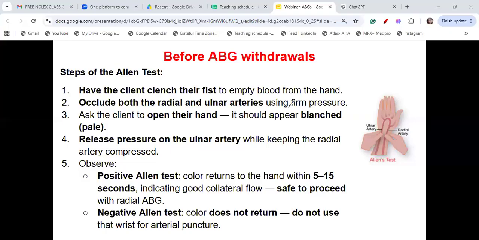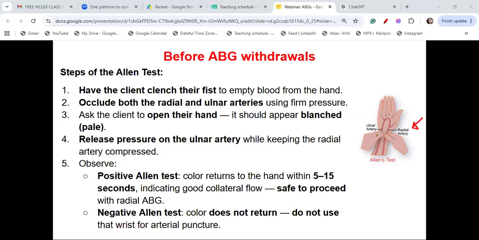So let's look at the steps when performing this Allen test. Number one, you inform the client to clench their fist. That is to empty blood from the hand. Secondly, you occlude both the radial and the ulnar arteries by applying firm pressure, as you can see on the diagram here.